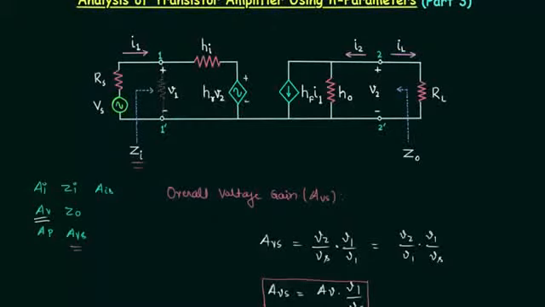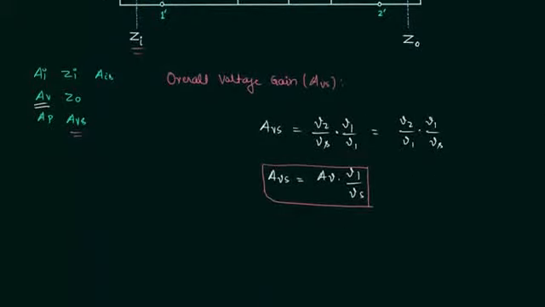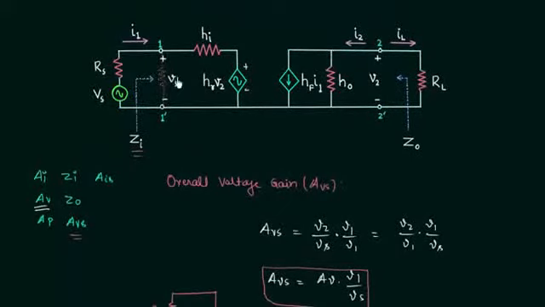Here we can redraw this circuit, in which the source voltage is equal to Vs, then we have resistance Rs, then we have the input impedance Zi, and using this circuit we will find out V1 by Vs. You can clearly see V1 is the input voltage and it is the voltage across the impedance Zi.